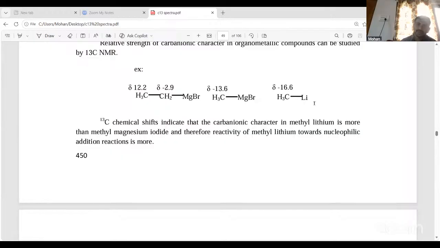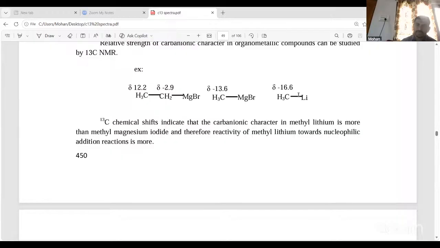So which organometallic reagent is more efficient, or more reactive? The reactivity can be decided by the C13 spectrum. Okay, so the one showing the lower chemical shift value is more reactive, right?